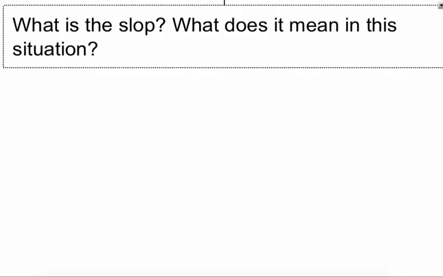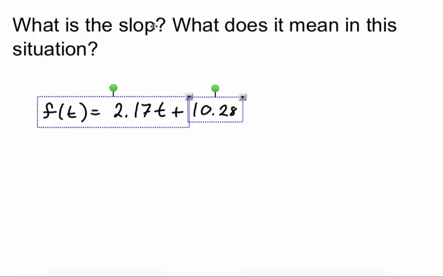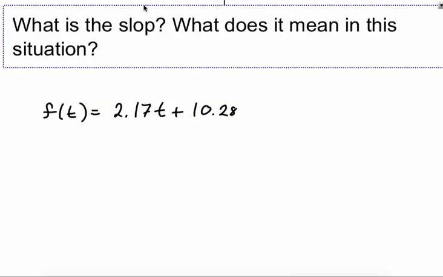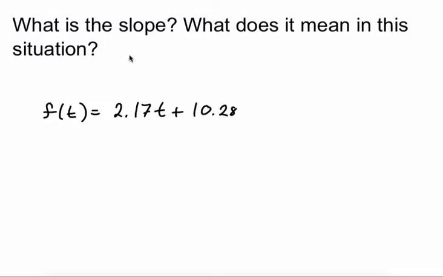What is the slope? The question says, and what does it mean in this situation? The slope of the line is this value right here. If you remember, the slope is what we say the rise over the run.